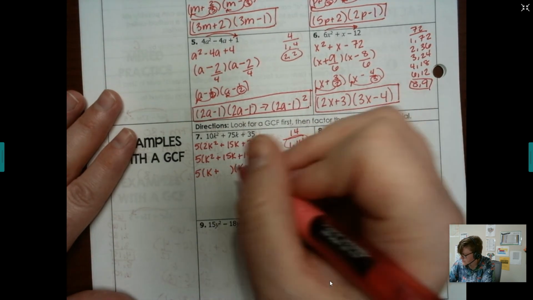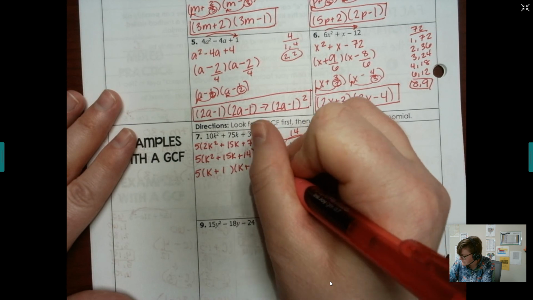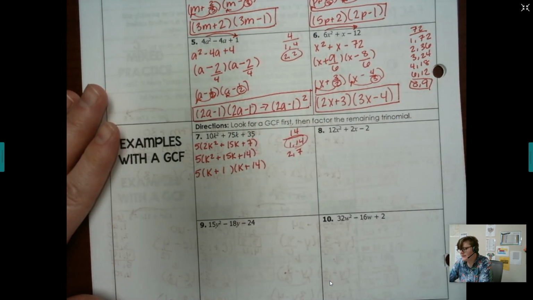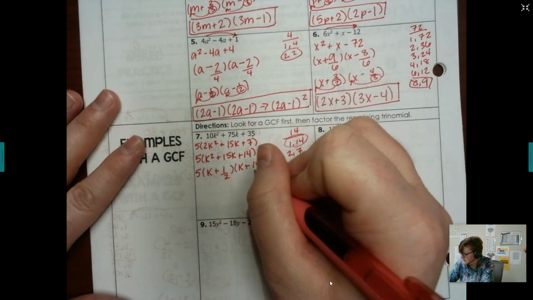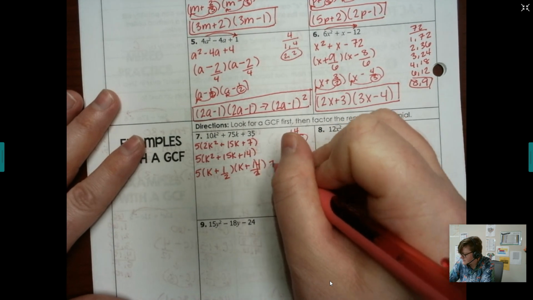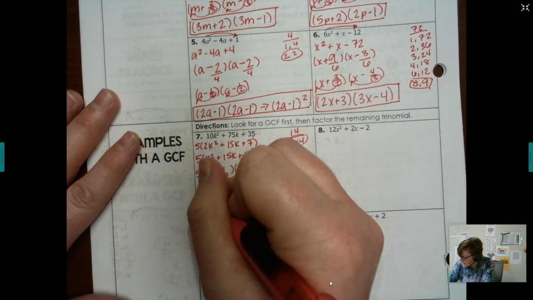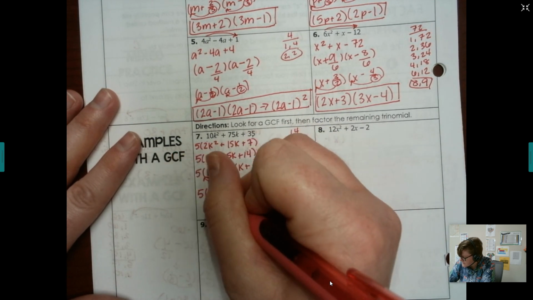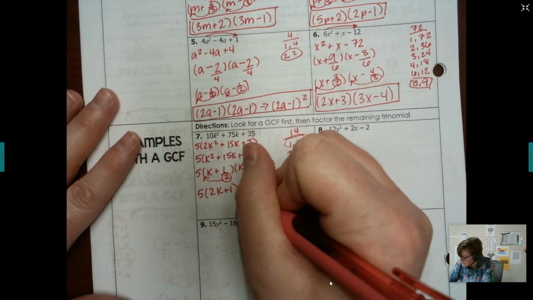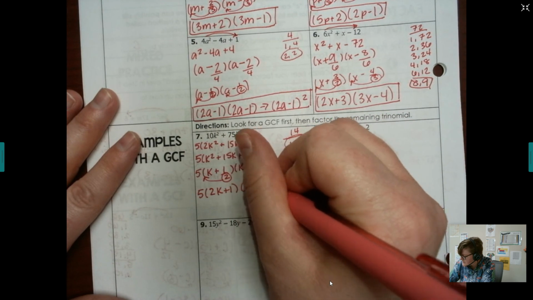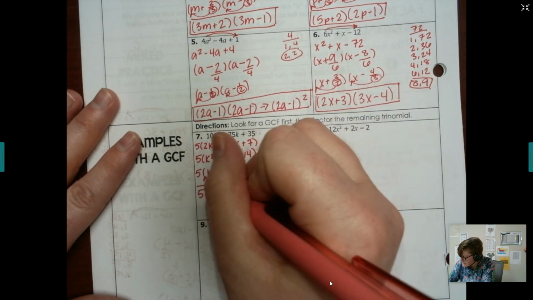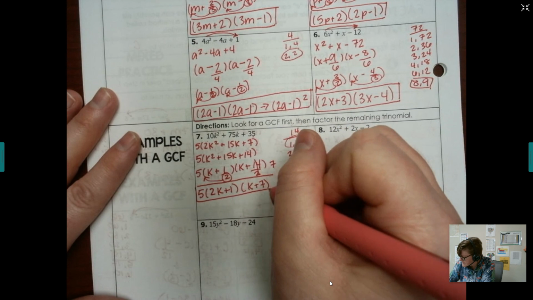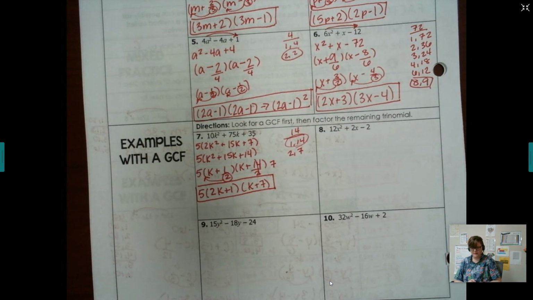Adding to 15 is going to be your 1 and 14. And then you're going to be dividing them both by 2. 14 over 2 is 7. But 5 times, got to bring that 2 up front, 2k plus 1 times k plus 7 is our final answer here. Okay.